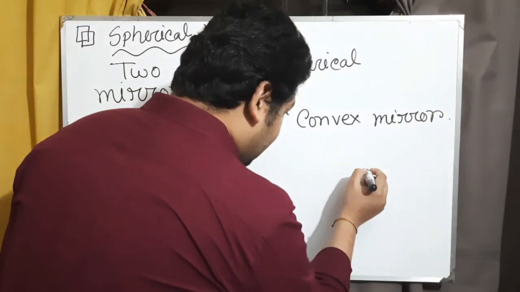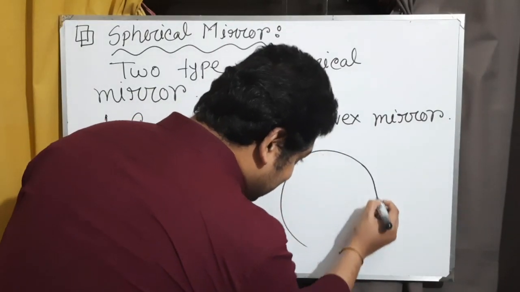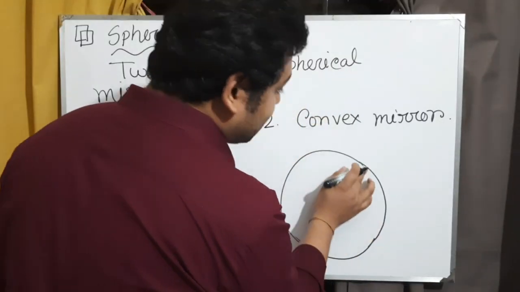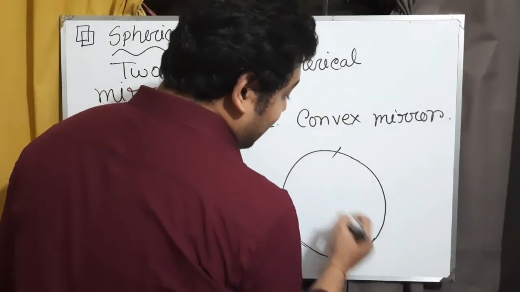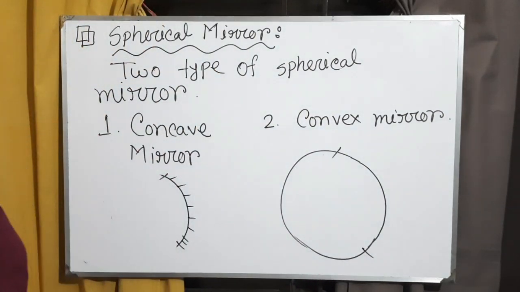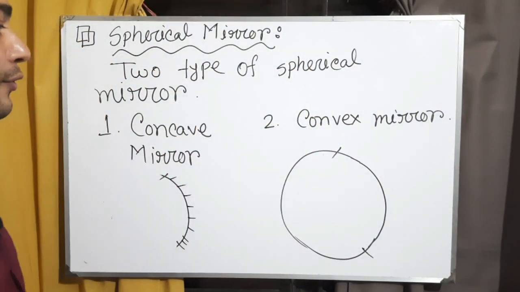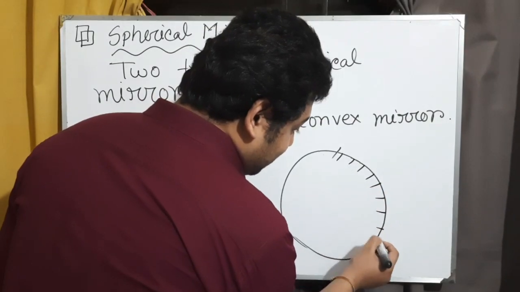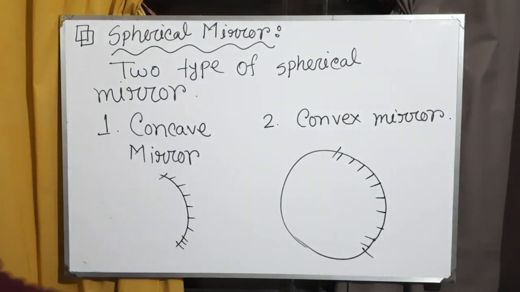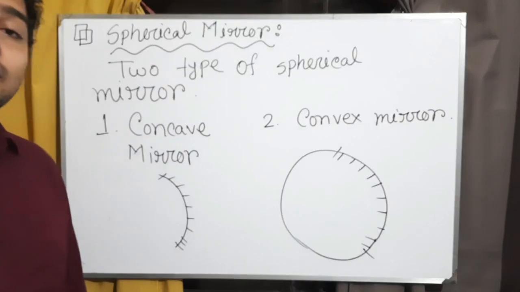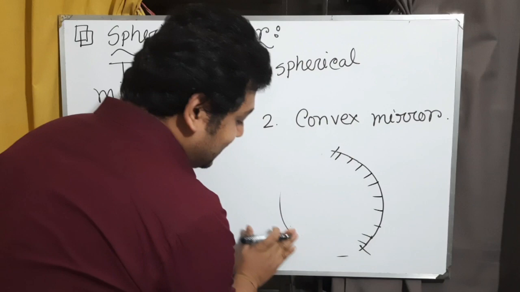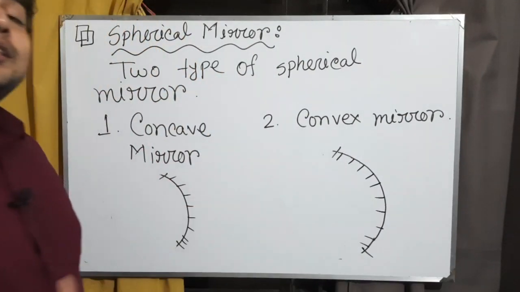Again, suppose this is a hollow sphere, and we take this portion for our mirror. If the outer portion is coated with silver or aluminum, then this type of mirror is called a convex mirror.